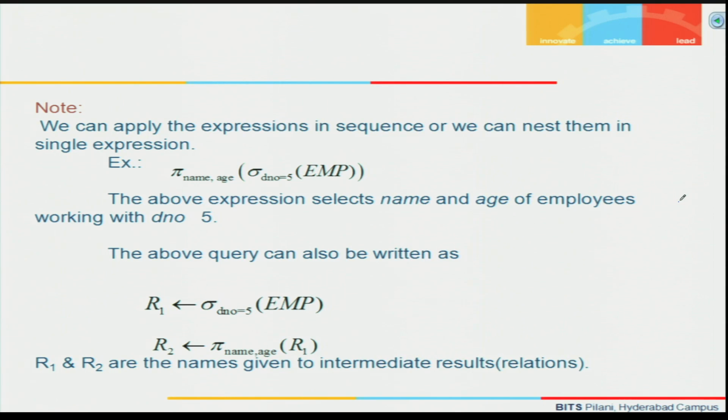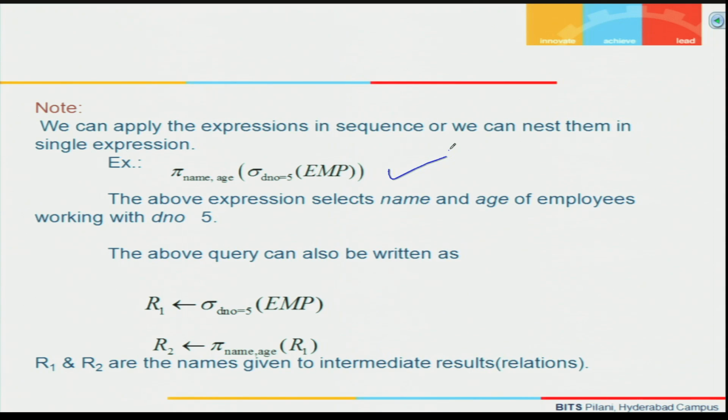The previous queries we saw in the earlier slide involved only one operation: the first only select, the second only projection. But here we need to find the name and age of employees working with department number 5, and this requires two operations.